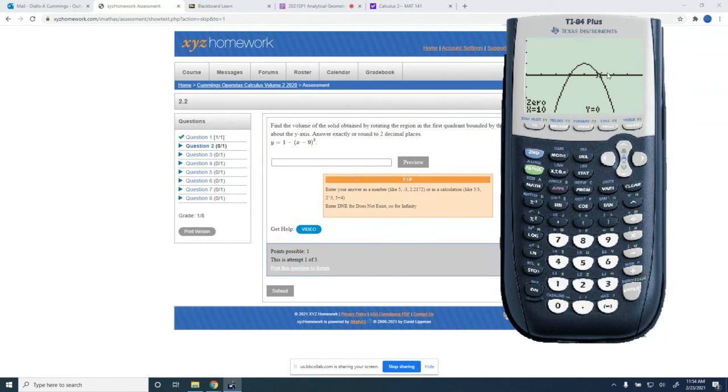Right now we have enough information to set up the volume by using the shell method.